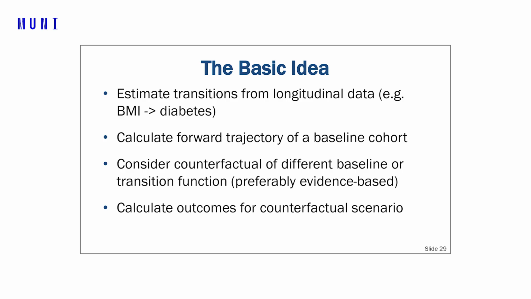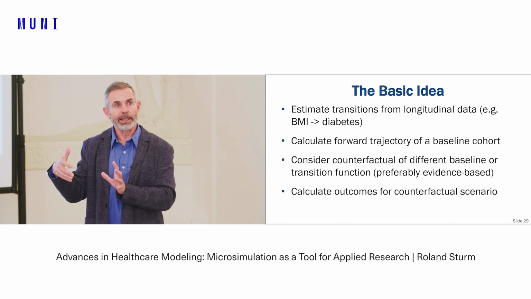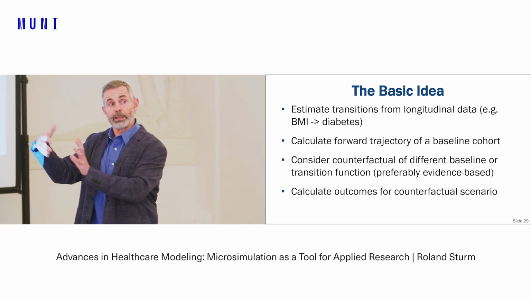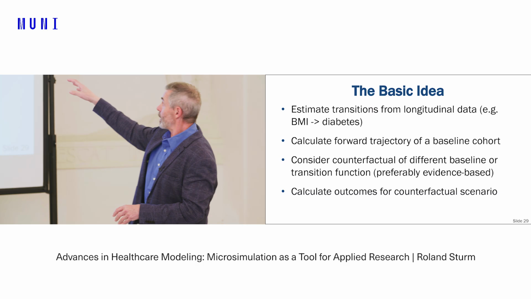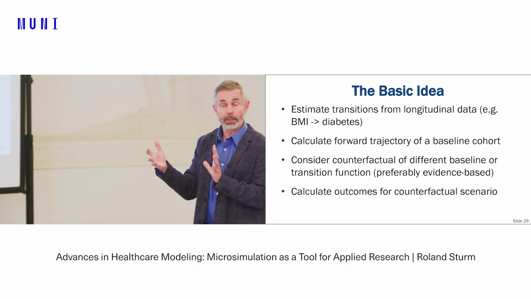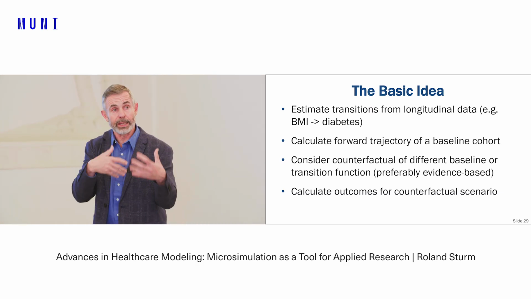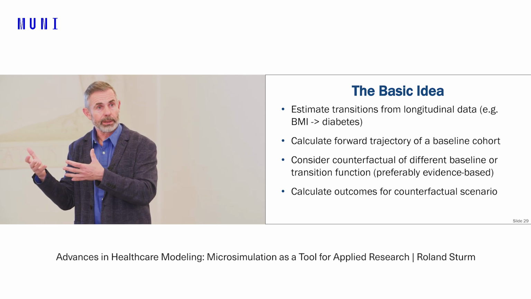The Future Elderly Model, because you'll be using it, let me give you the basic idea of this. You have an individual who might be 50 years old. What happens 2 years down the road for them, and then 4 years? When do they develop a new condition? When are they getting so sick that they need to go to a retirement home? So we estimate the transitions from the longitudinal data, and then we calculate forward the trajectories.